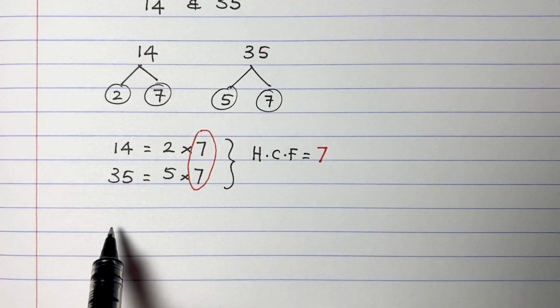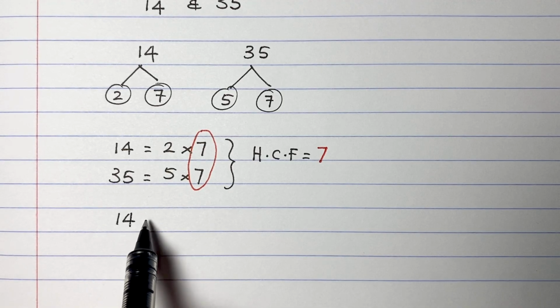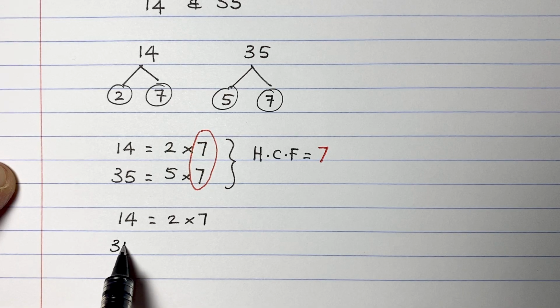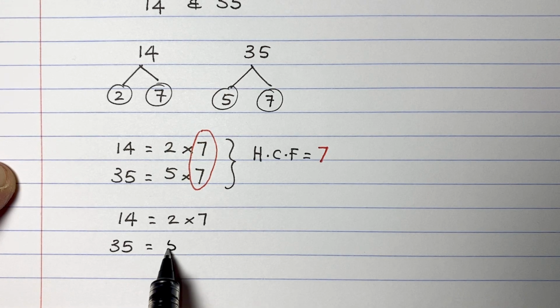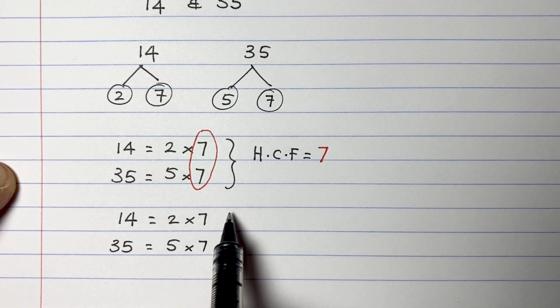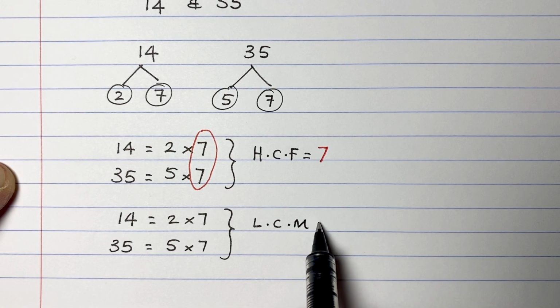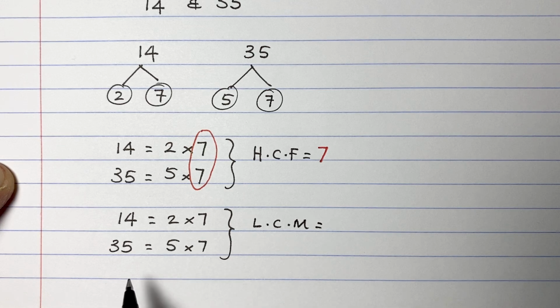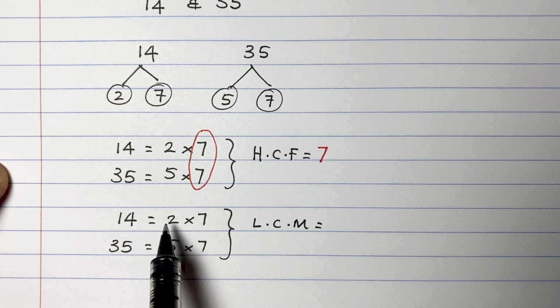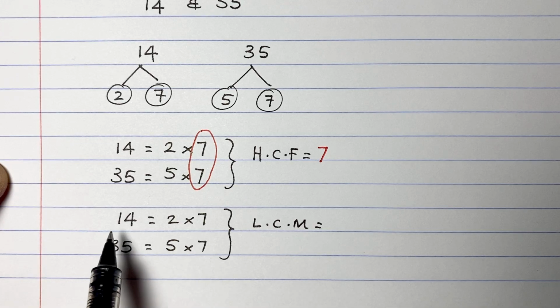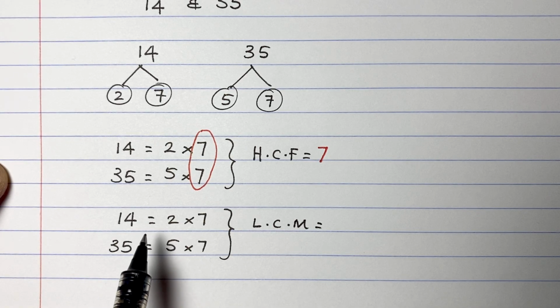Let's write this again for LCM. So for the LCM, we look at the number of digits we have. We have digit 2, digit 5, and digit 7. Which line offers me more 2s?